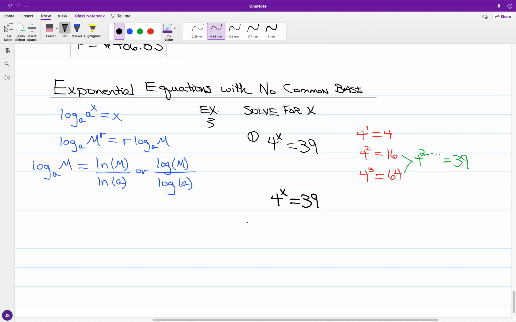The base a here is 4, so we can take a base 4 logarithm of both sides. The base 4 logarithm of 4 to the x goes to x, and we have x is equal to the base 4 logarithm of 39.